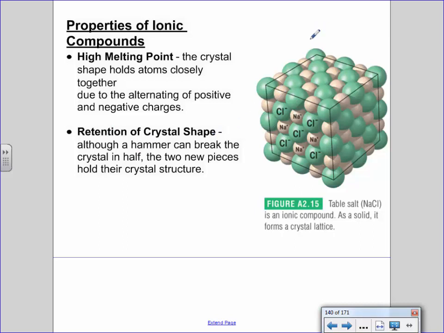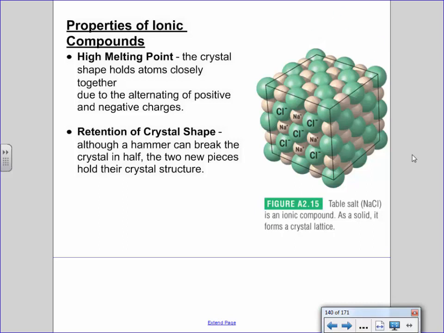It would cleave into two pieces. Like if I were to take this sheet of paper and rip it in half, these two pieces don't just disintegrate. As soon as I break it in half, they don't fall apart. That's what gives it a strong shape. Whereas covalent stuff, if you try to break it, it would just crumble, like a sandcastle or something like that. That makes sense?